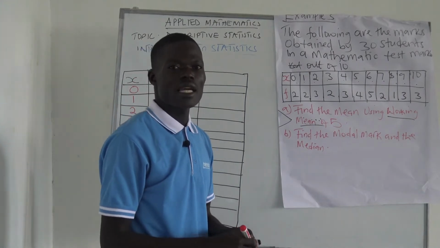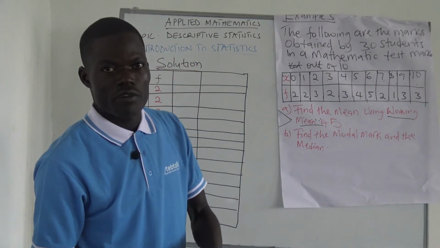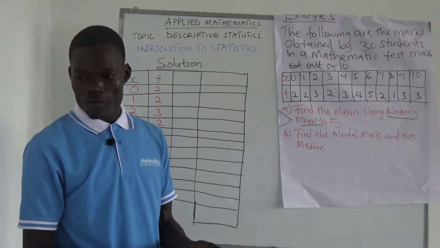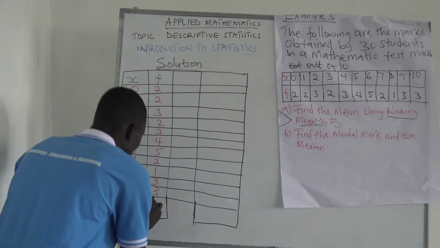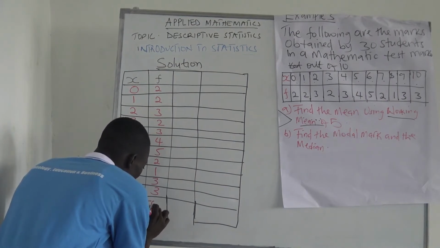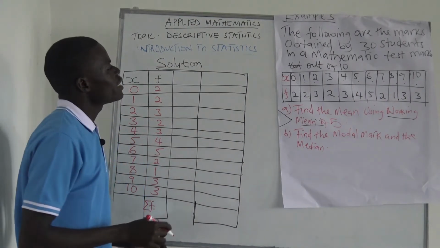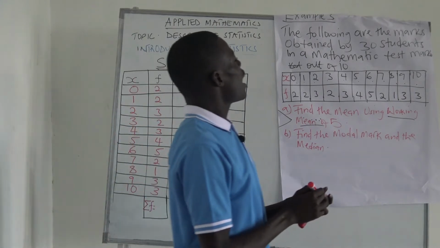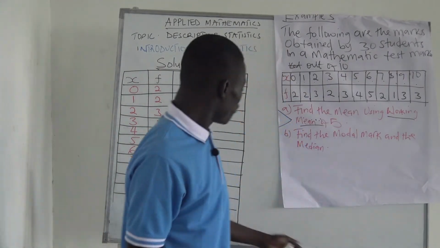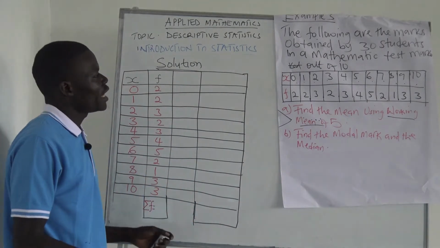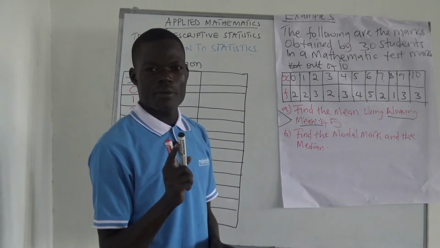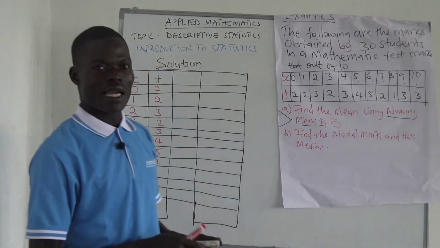Immediately after finishing the frequency, you must get what we call the summation of f. That's the first step. Summation of f equals the number obtained by certain students. If your summation of frequency exceeds 30 or is below 30, implying you have a mistake, repeat your working.